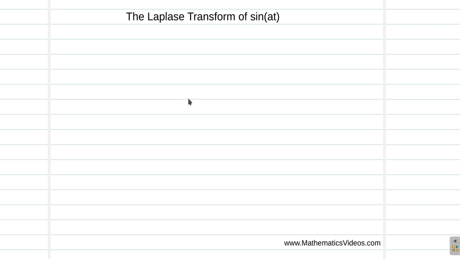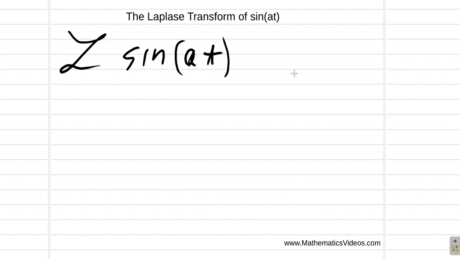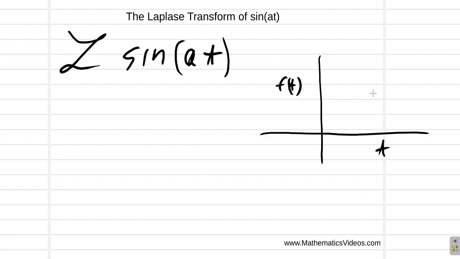We want to find out what the Laplace transform of sine at is. So find the Laplace transform of sine at, where t is the horizontal axis, and f of t would be the vertical axis.